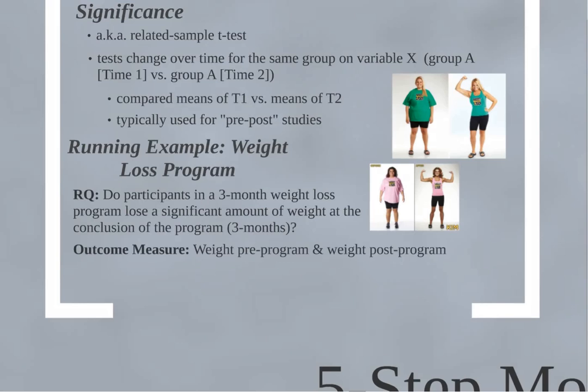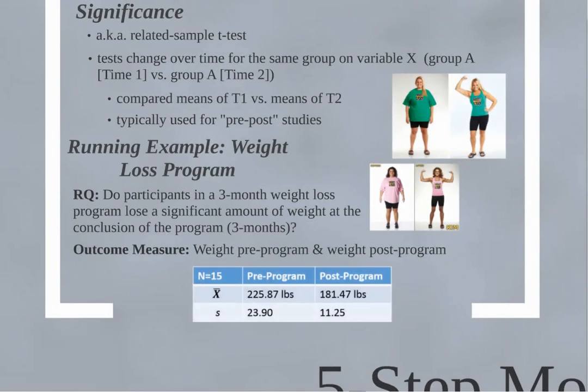So we have two measures here: people's individual weights pre-program and people's individual weights post-program. These are actually two different variables, a pre-program variable and a post-program variable. And what we're doing is comparing the scores on those two variables.